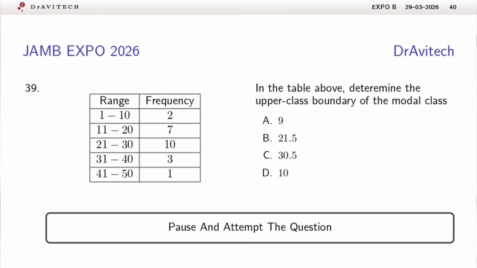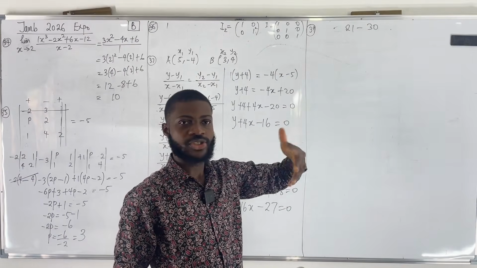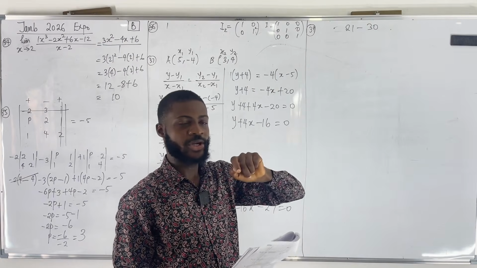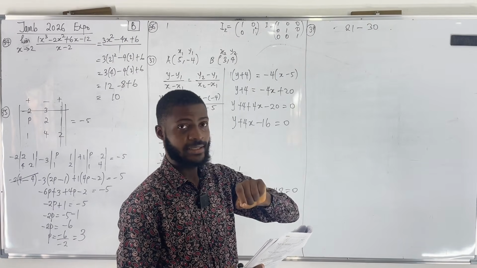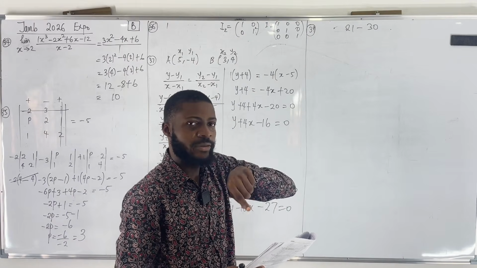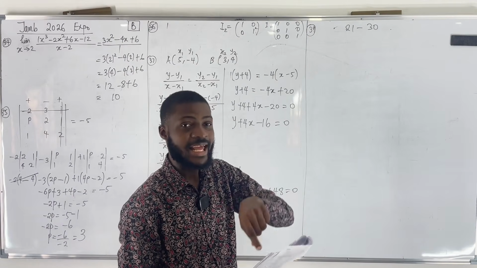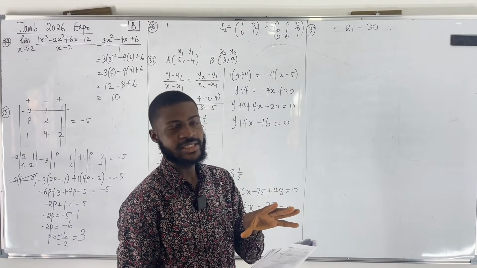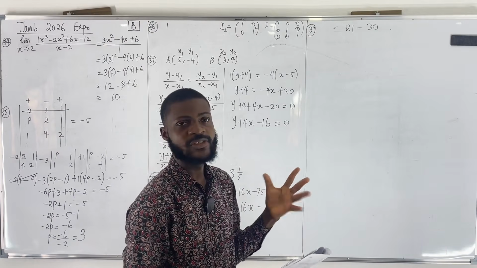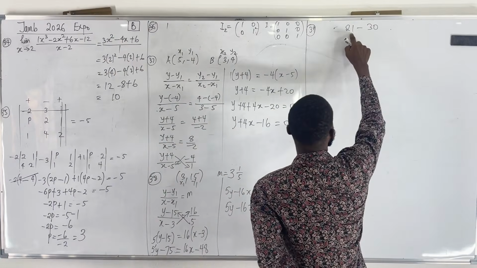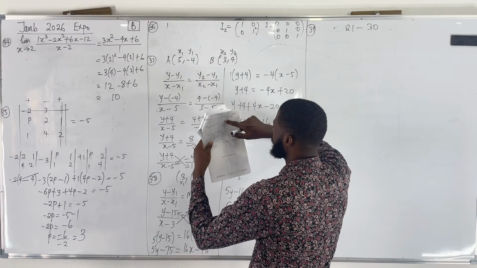Now, this range is not in a continuous form. It's not in a continuous form because if you look at the first one, it's 1 to 10. The next one did not start from 10 again, it started from 11. So it's not a continuous set of data. When it's not continuous, what we do is very simple. The difference between them is 1 unit.